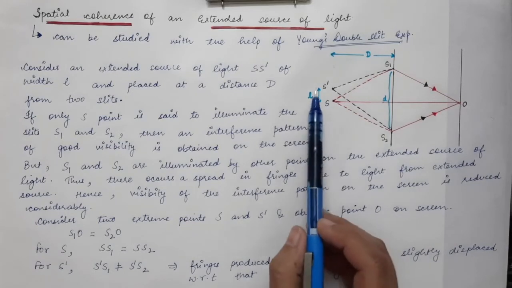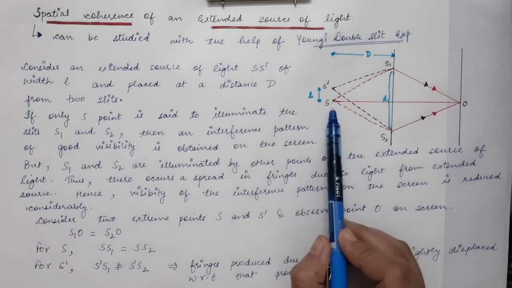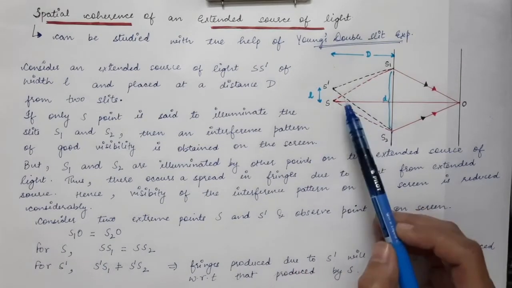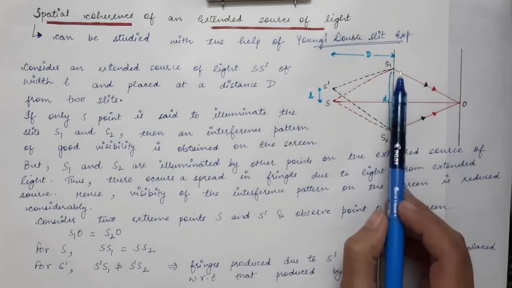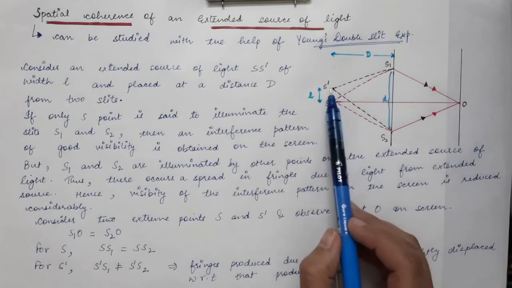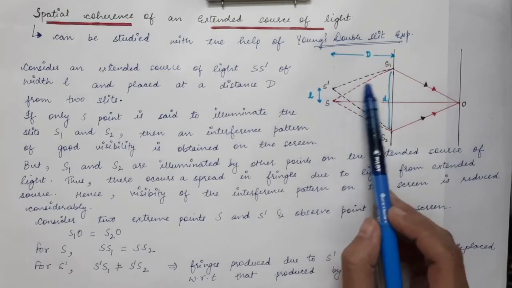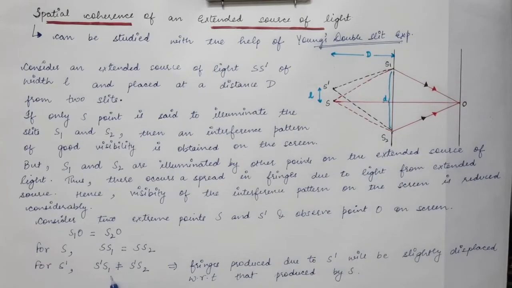So first of all, for the S point source, SS1 is equal to SS2 and S1O is also equal to S2O. But for S', S'S1 is not equal to S'S2.